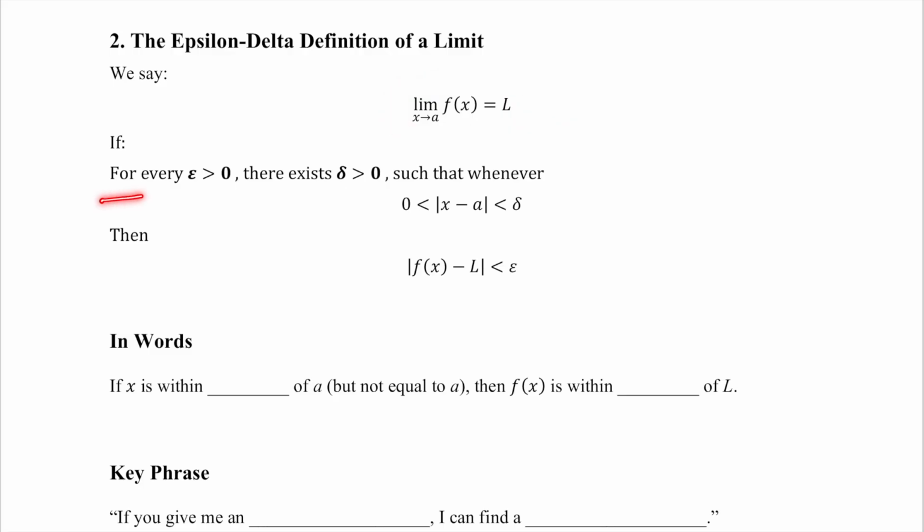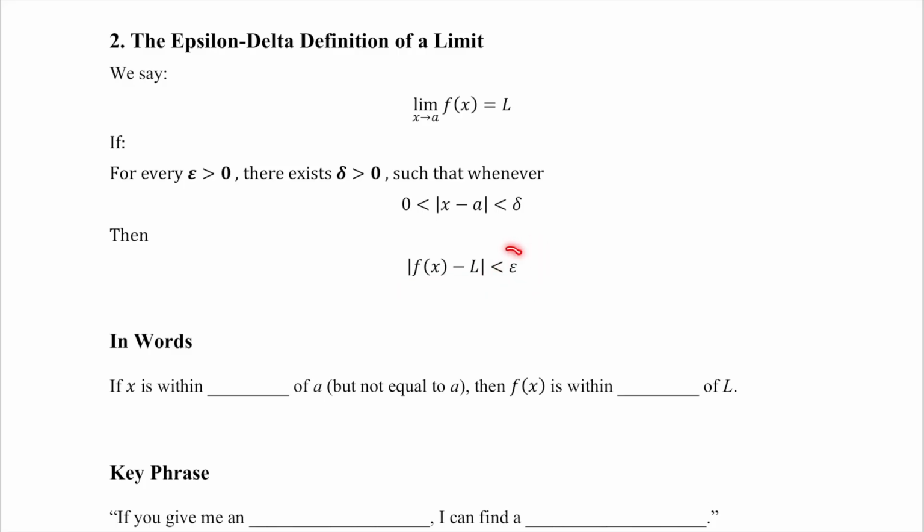For every epsilon greater than 0, there exists delta greater than 0, such that whenever the absolute value of x minus a is between 0 and delta, then the absolute value of f of x minus L is less than epsilon.